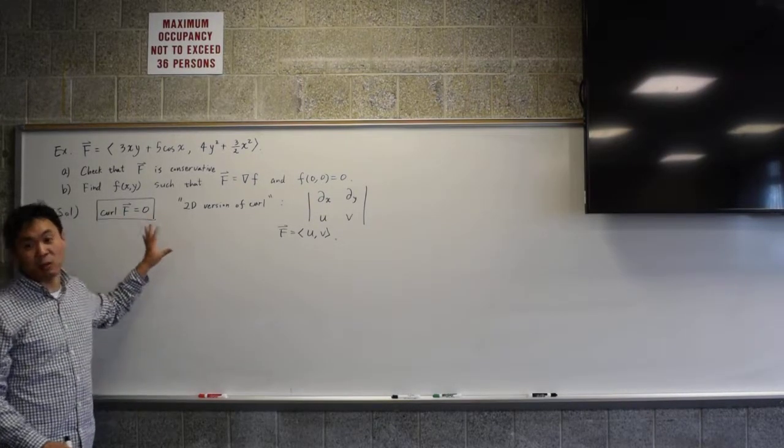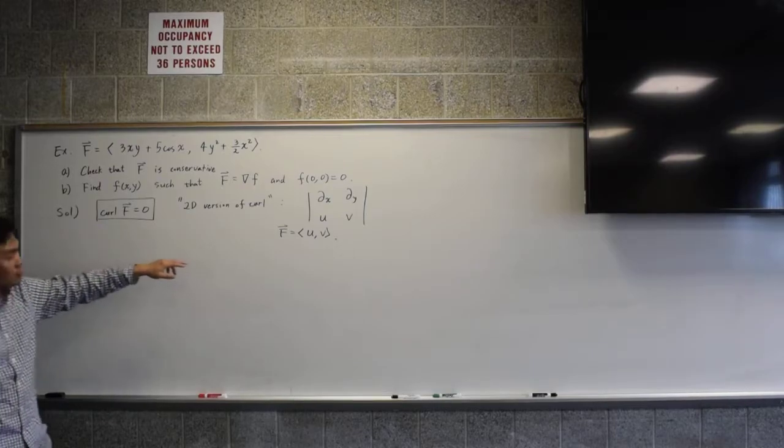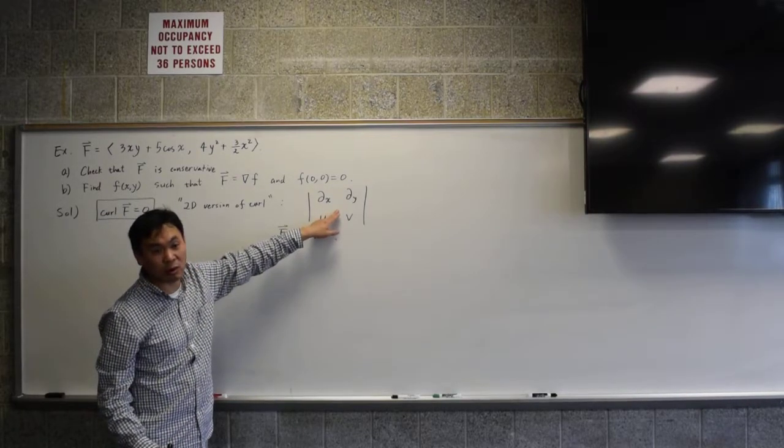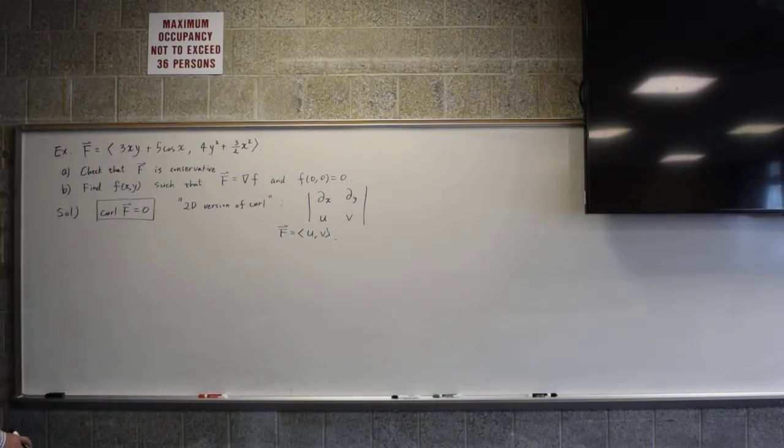But that's what it boils down to. So from now on, every time you're asked to check that a given vector field is conservative, simply compute this quantity. If it's equal to 0, then you've proved it.